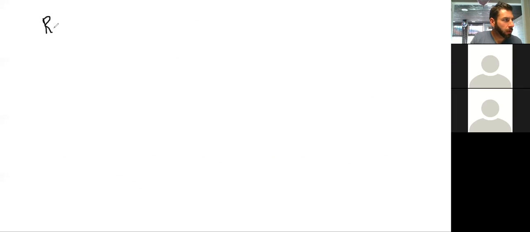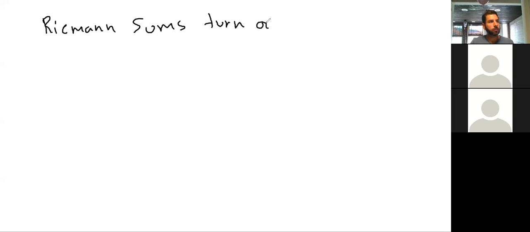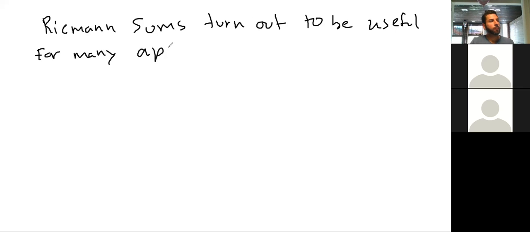So Riemann sums turn out to be useful for many applications, not just area.